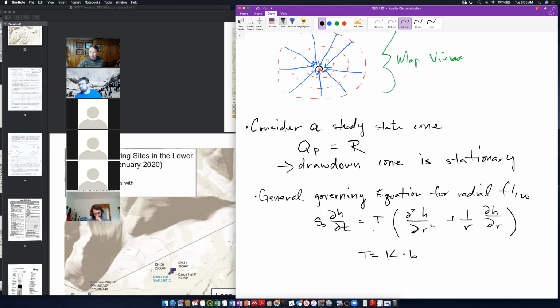If my T's out here, what does that mean? First of all, let's ask a couple questions. T's outside of a spatial derivative, so what does that mean for my aquifer? What assumption have I made?